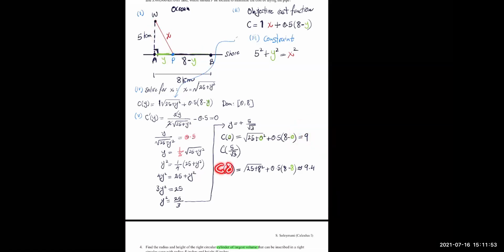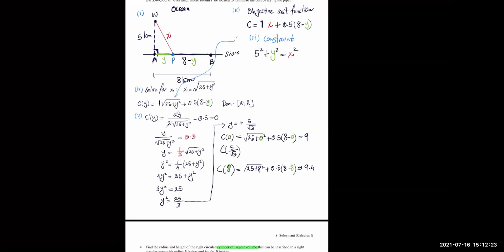C being a cost at 8 means that if y is 8, then P is right at B. So that means that you're directly transporting oil from the oil well to B. And if you do that, your cost is going to be $9.4 million.